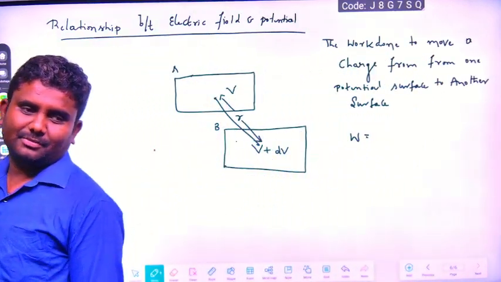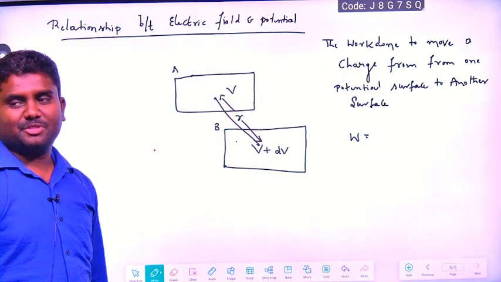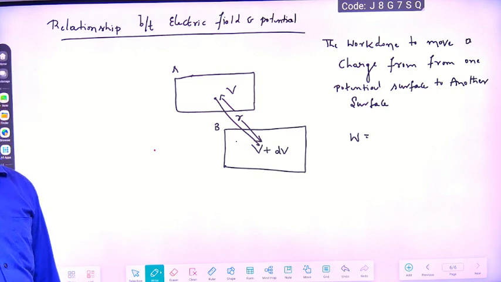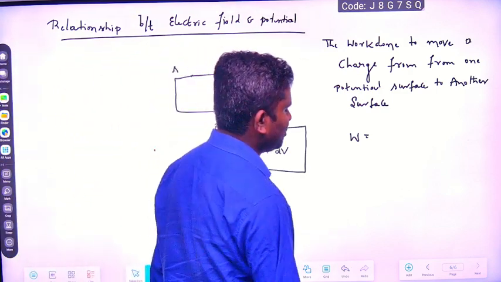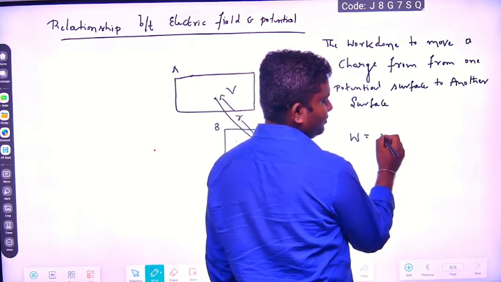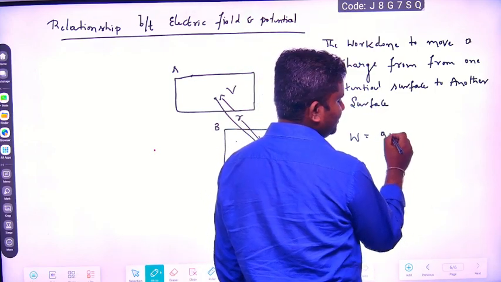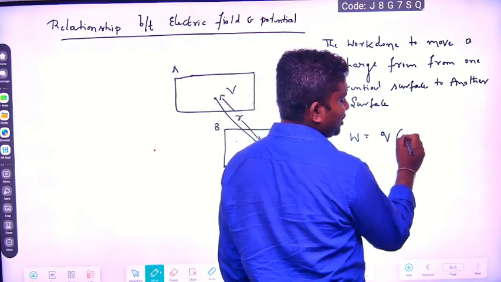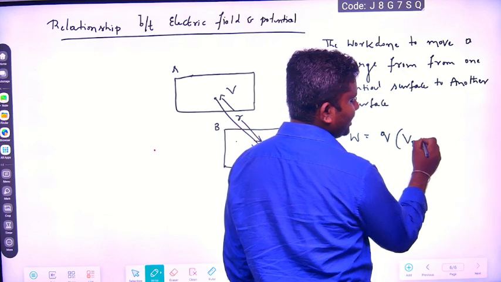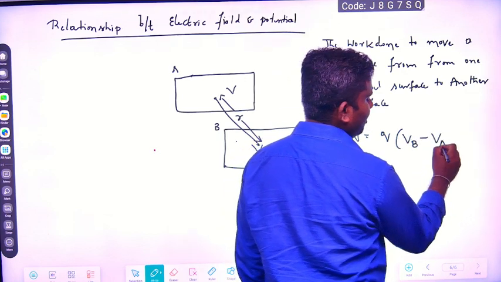What is the work done formula in terms of potential? Work done is charge into work done per unit charge, which is potential, VB minus VA.